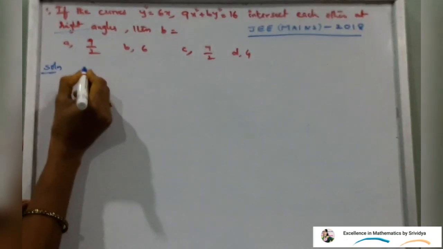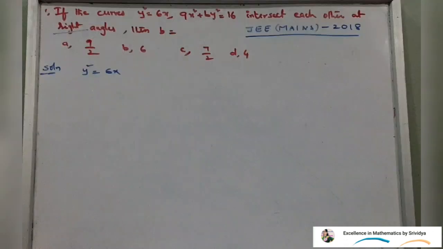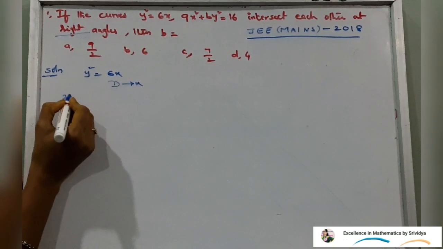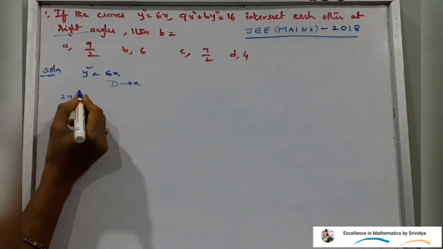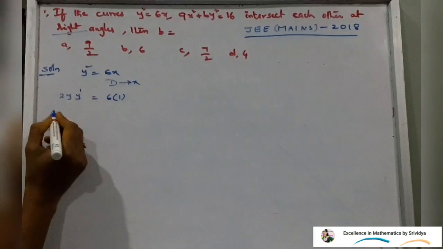Now the first curve is y square is equal to 6x. Differentiating with respect to x: y square differentiation is 2y into y dash, where dy by dx is y dash, which is equal to 6 into 1.